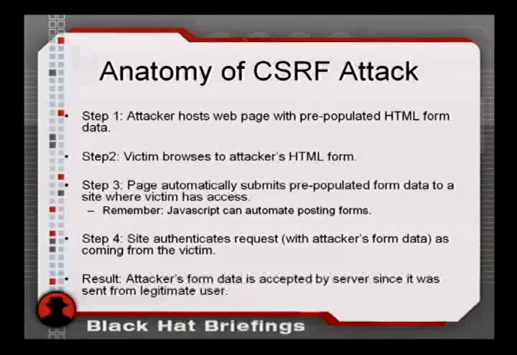This isn't very difficult to pull off. JavaScript can automate submitting forms. Then when the web server receives this request, it verifies that the person requesting it, in this case the victim, is allowed to perform that action, and then if he is allowed, the action takes place on the server.